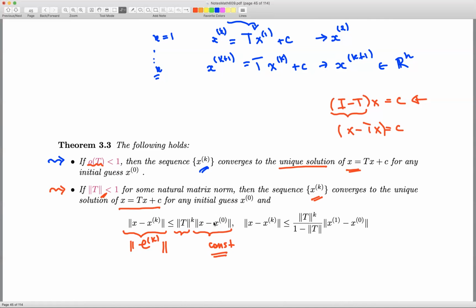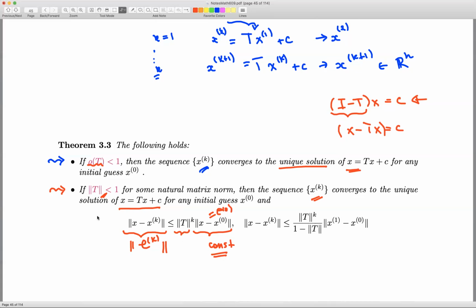If our initial guess, the vector x0, is far away from the exact solution, then the norm of this initial error will be big, so this constant will be big.